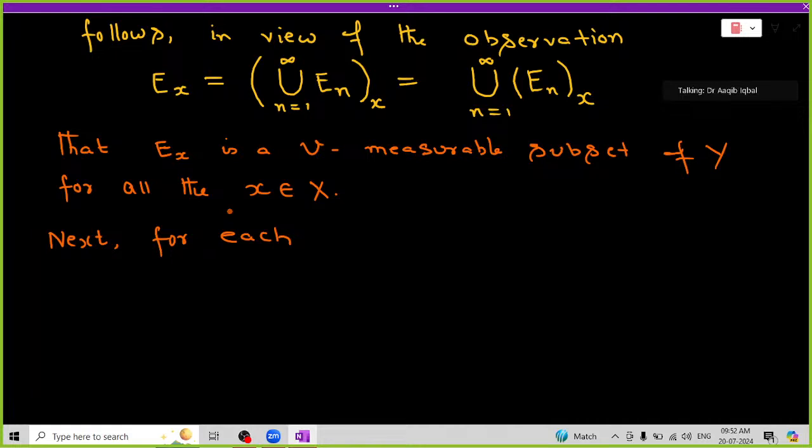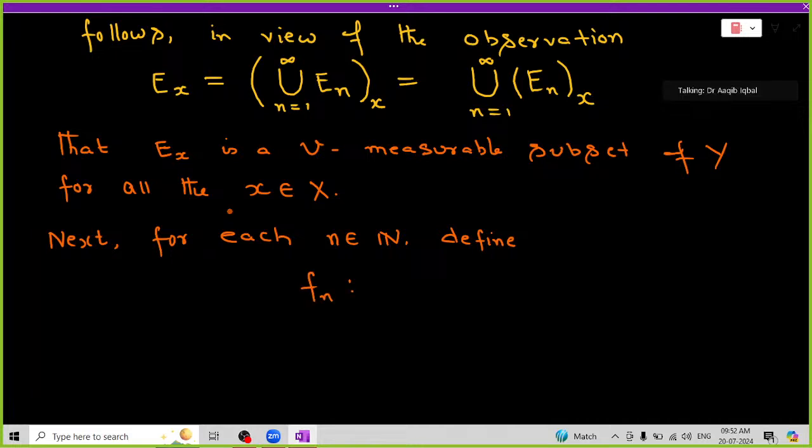For each n in the set of natural numbers, now what do we do, we define f sub n.